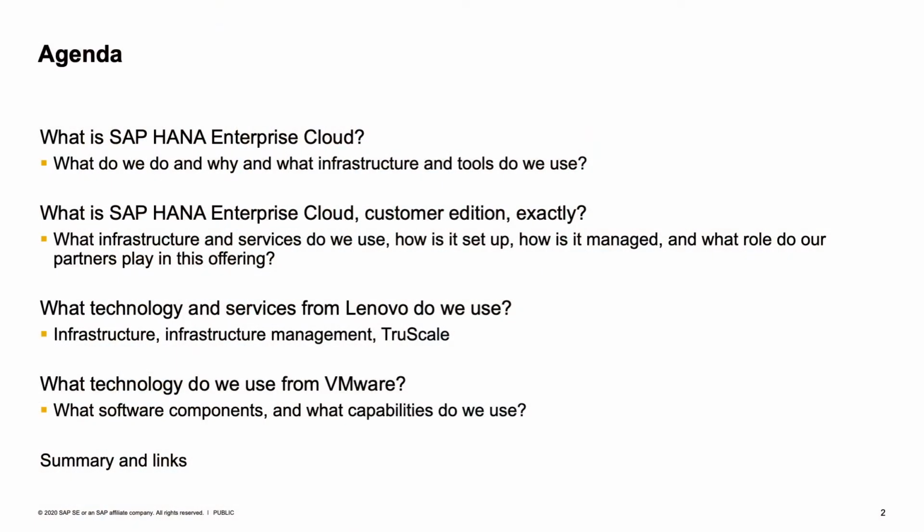So today we'll be speaking about the SAP HANA Enterprise Cloud Customer Edition. And we're going to do that in a set of 4 blocks that you can see here.